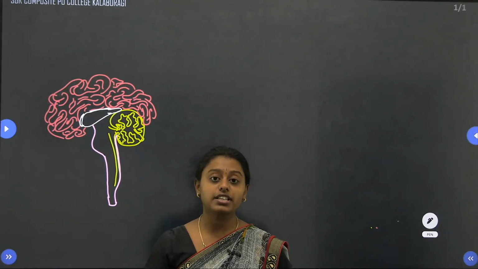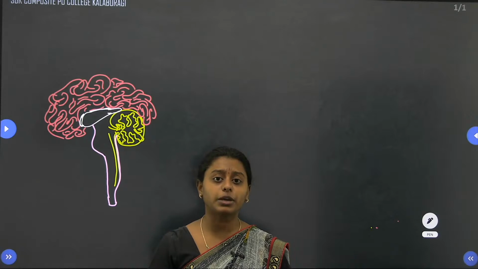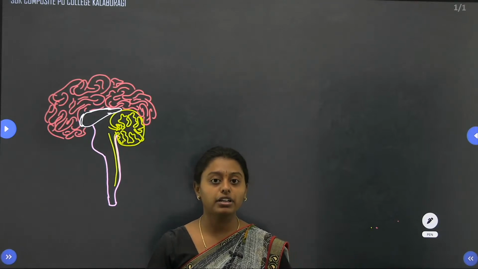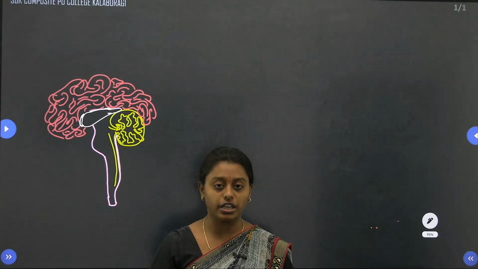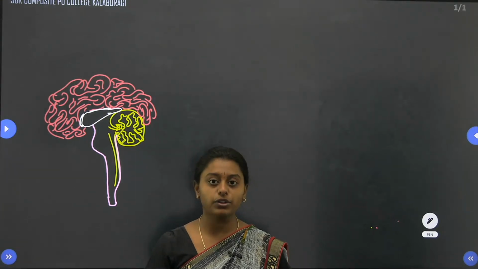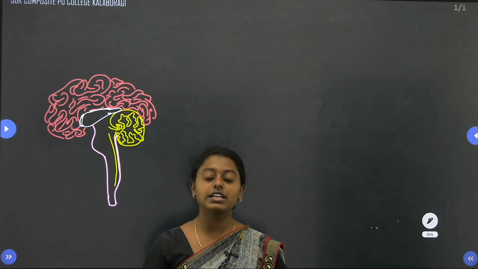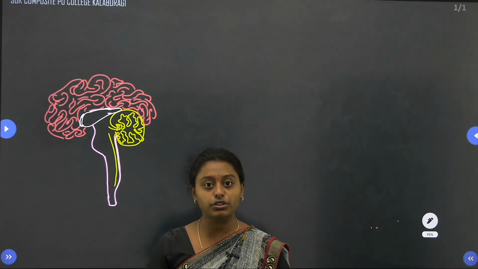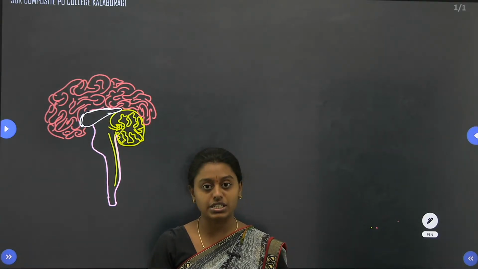In previous classes, we have well studied how the nervous system with the different types of nerves helps in different types of functions a body performs in day-to-day life. We have studied how a signal or an impulse is sent from one part of the neuron to another neuron or to the successive neuron.